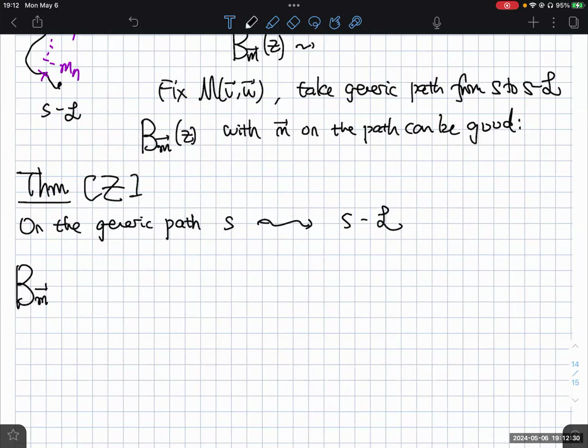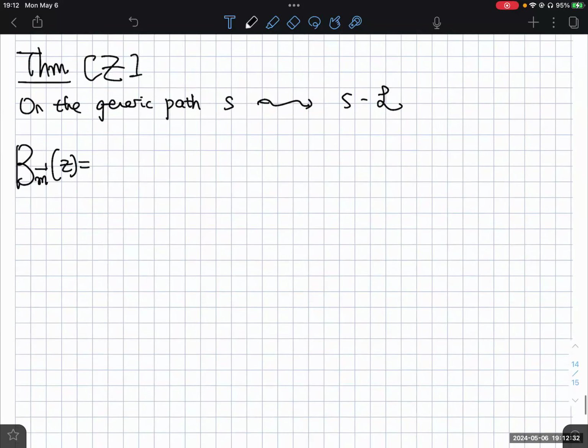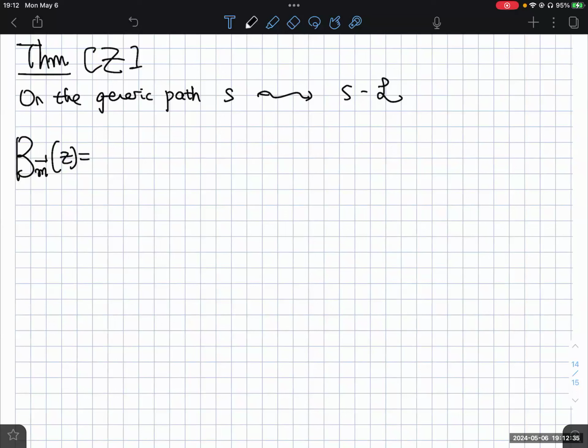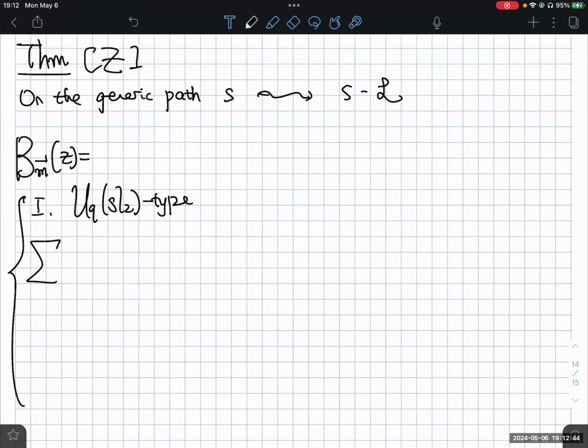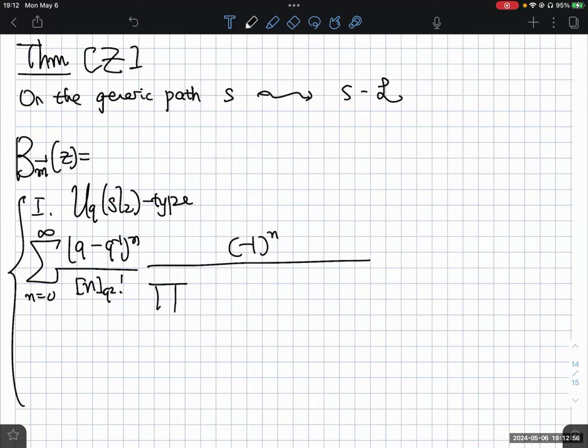This quantum difference operator can be written in two ways. The first way is like the Euclid SO2 type. In this case, the difference operator is written as the following. I shall write it in a more feasible way.